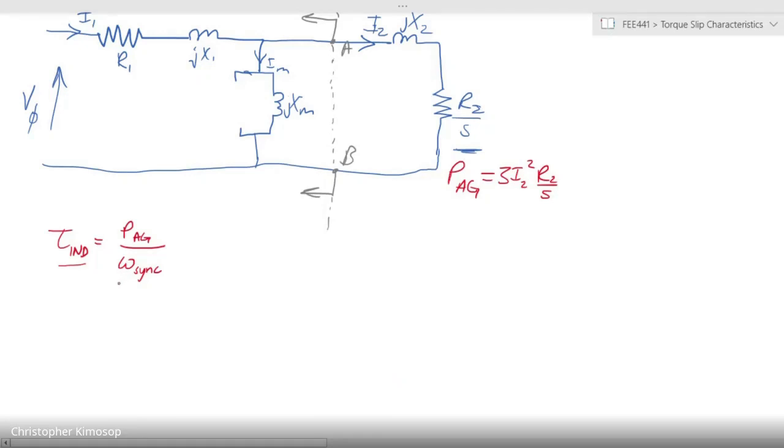Similarly, we know synchronous speed because that is directly proportional to the frequency of the voltage supply. So if we know air gap power, we will be able to know induced torque, and probably we will be able to know the mechanical torque. So let's look at a few of these elements.